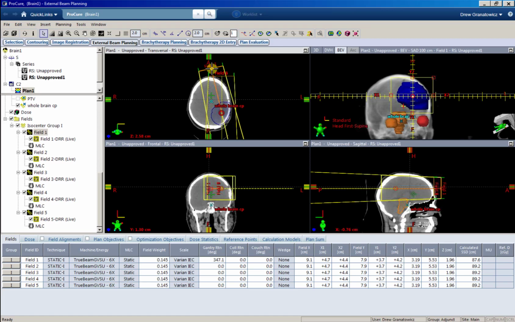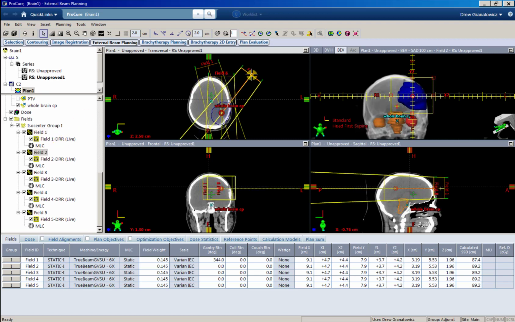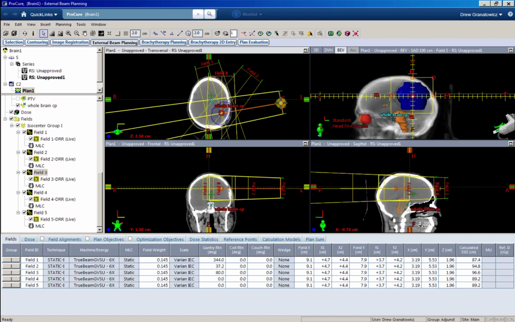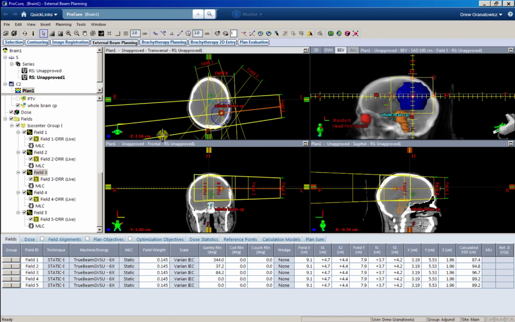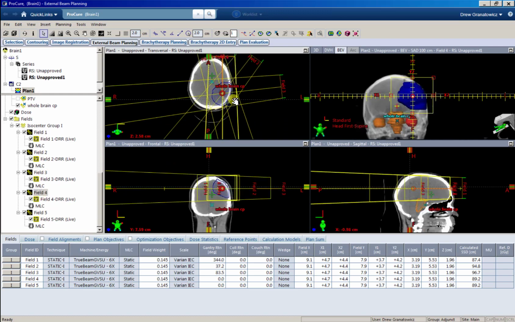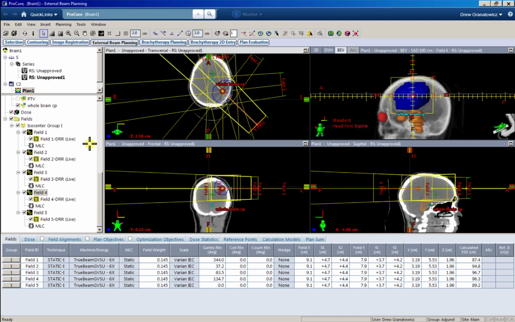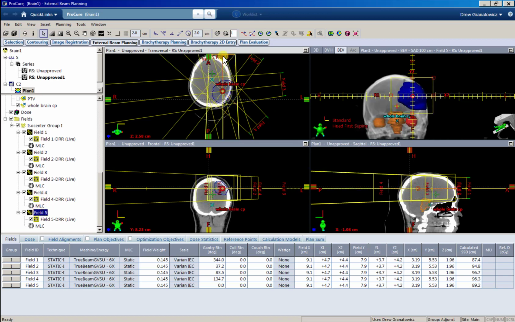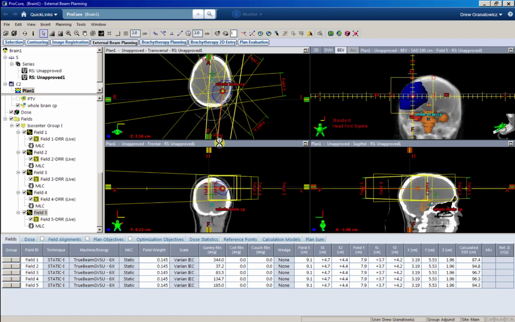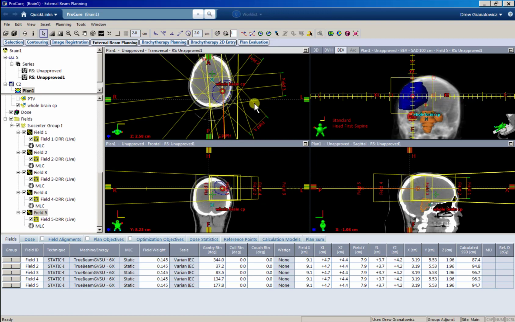So I'll rotate field 1 a little bit past 0 here just to get a little better dose on this medial side of the volume. Field 2, 3, 4, and 5. So something like that.